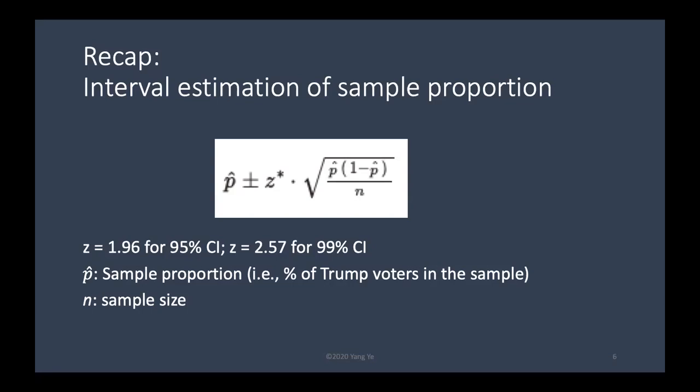And we also learned that when the sample proportion is 50%, the standard deviation for the sample proportion is the largest. We can also see that when sample size gets bigger, the interval becomes smaller, which means that our estimation becomes more and more accurate.